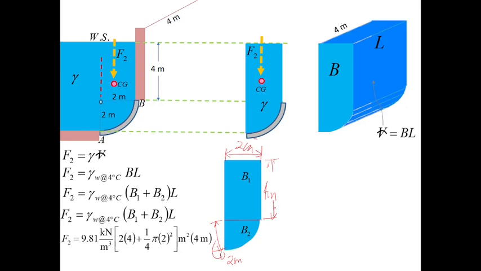If it's a quarter circle, we know the area of a circle is pi r squared. Since it's only 1/4 of the circle, this part is only 1/4 of the whole area: 1/4 pi r squared. So, 1/4 of pi, radius is 2, 2 squared, in meter squared.